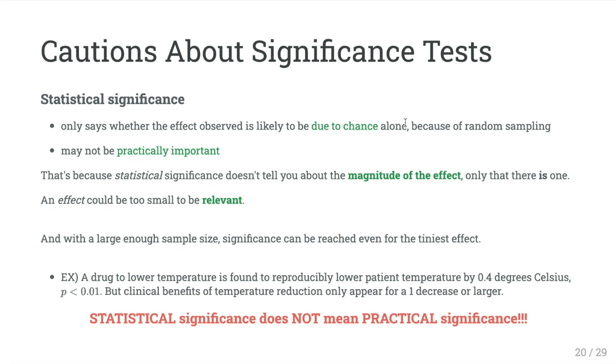But clinical benefits of temperature reduction only appear for a 1 unit decrease or larger. In other words, it is working. It does help patients lower their temperature, but it's not going to do anything to actually help the patient, because in order for it to actually really truly help them, it needs to be at least 1 degree decrease or more. So again, statistical significance does not mean practical significance.